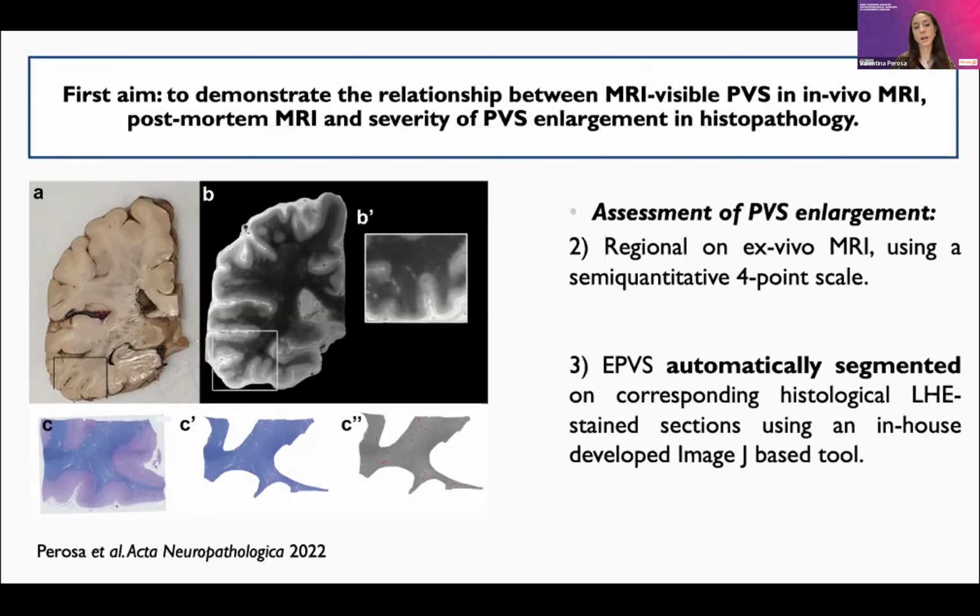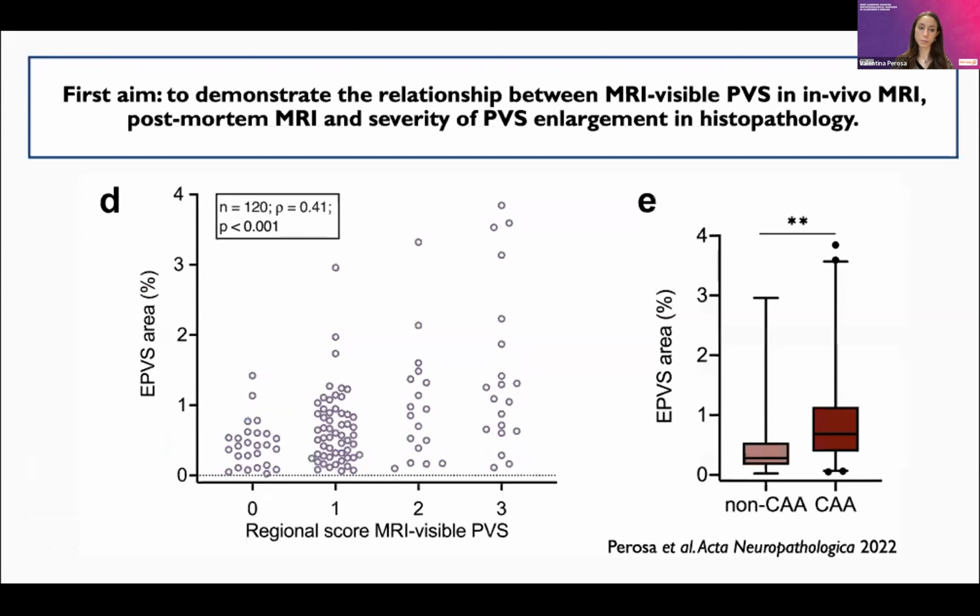And what we could see after correlating the ex vivo MRI with the histopathology is that the regional severity of PVS enlargement on ex vivo MRI was positively associated with the percentage of EPVS area on the corresponding histopathological samples.